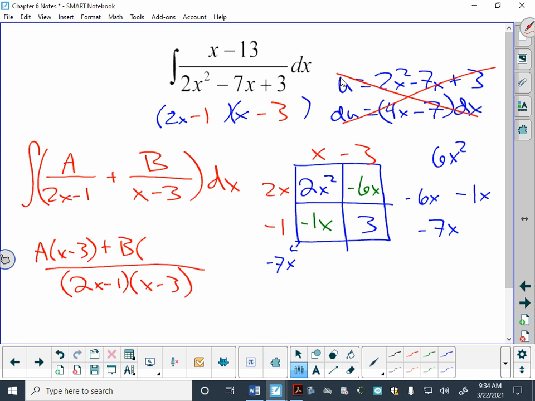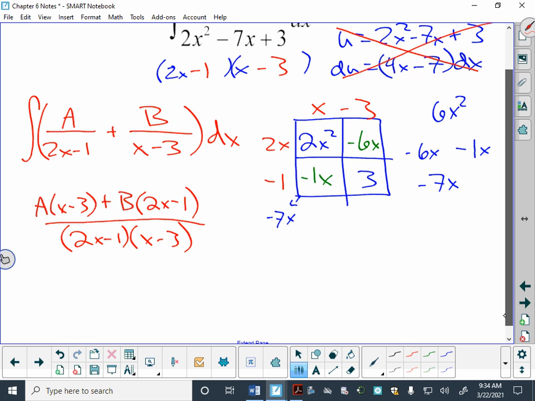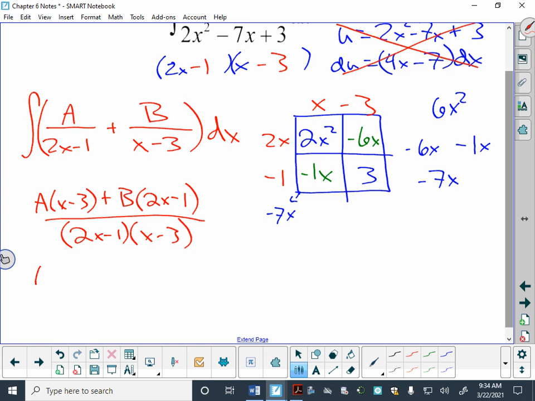The b would have had to have been multiplied by 2x minus 1. And so what we get looks like ax minus 3a plus 2bx minus b over 2x minus 1 times x minus 3.